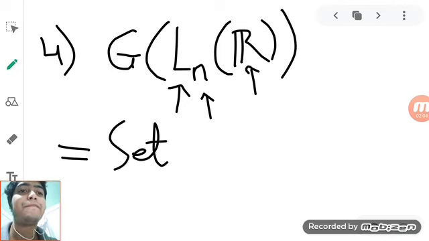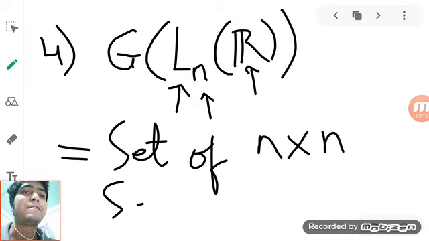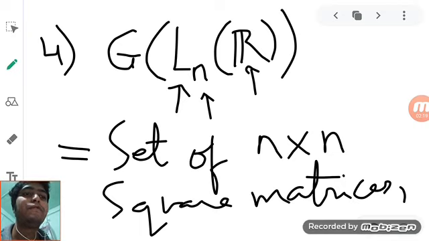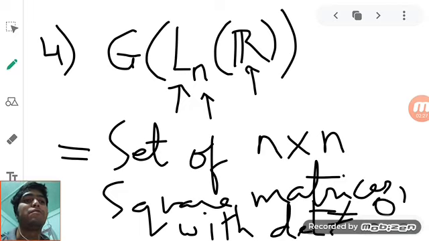So what is this set? The set of n by n square matrices with the determinant not equal to 0.